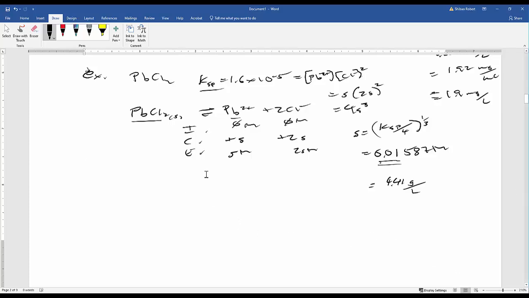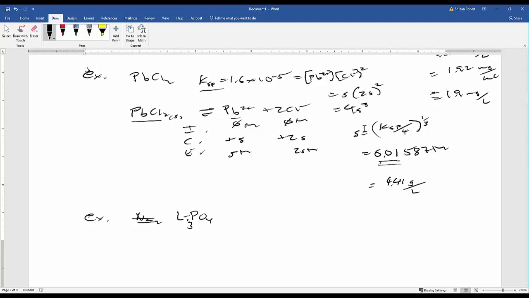And so there are other examples as well of how things split. For example, if it splits into 3 ions, we get a different relationship. So an example might be something like lithium phosphate. Sodium phosphate is soluble, so we don't really do KSP calculations with these.